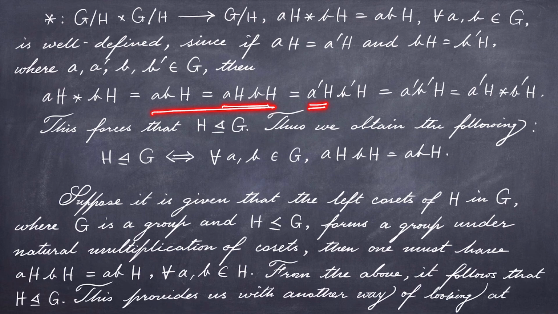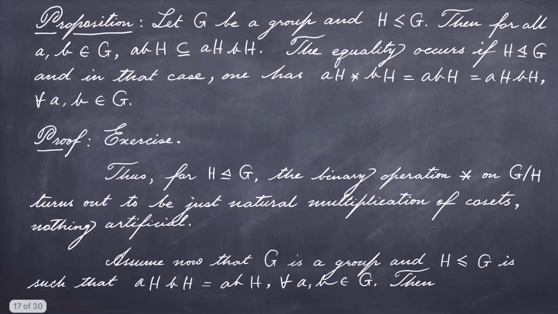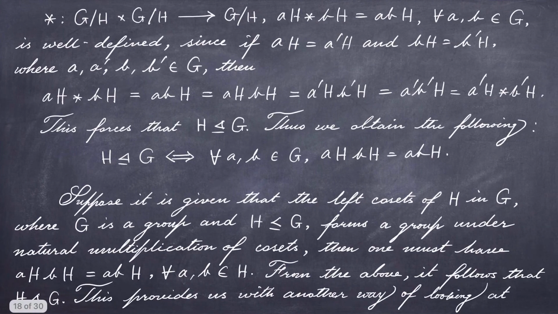So if it is given that equality holds here, then star becomes well defined, and we have already seen that if star becomes well defined, then H has to be normal. Therefore what we have obtained is that this condition, for every A and B, AH BH, the usual multiplication of these two cosets, is equivalent to H being normal in G.